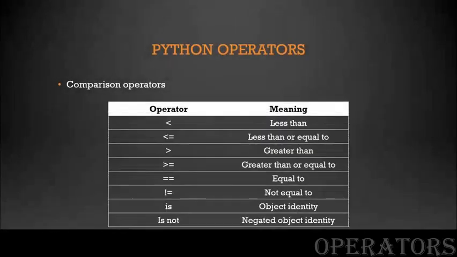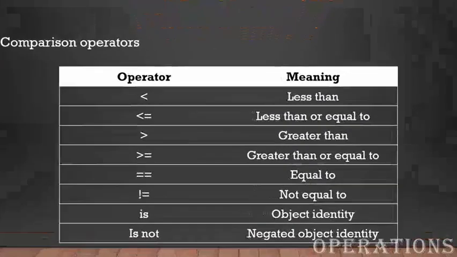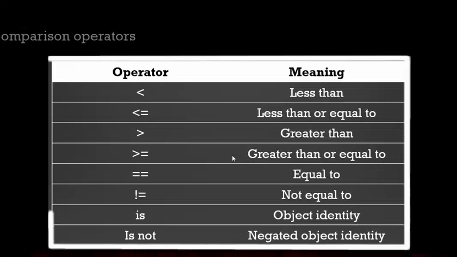So we have a few comparison operators. The arrow mark pointing towards the left is known as less than, and then less than or equal to. Similarly we have greater than, then greater than or equal to, and for equal to we have double equal symbols.